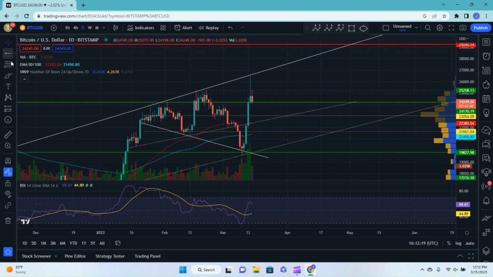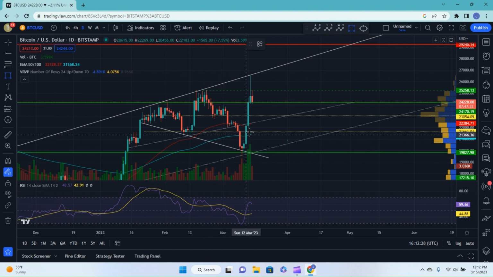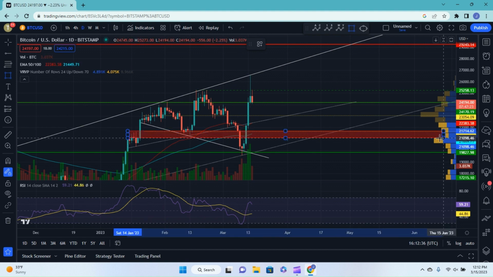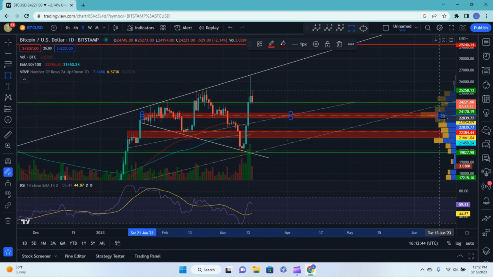And these aren't ever just a support at this exact dollar amount. It very well is a range like this, a range like that.